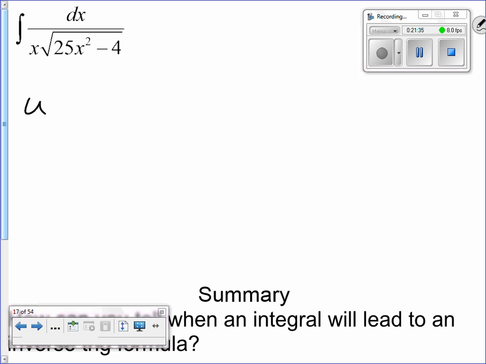Because I think normally I would just look at that and I would say I want to make u 25x squared minus 4, right? But if that's my u, everything hinges upon whether you can get the factors of du. Du would be 50x, right? I got an x, but it's not in the numerator. Do you see that? I don't have it. So I can't just move that up there. That's why I can't make u what's under there.